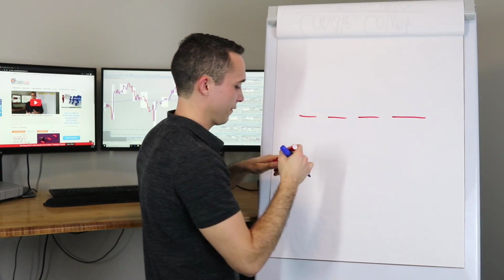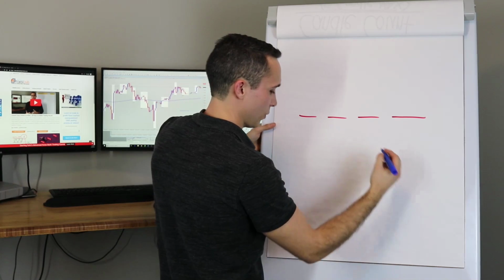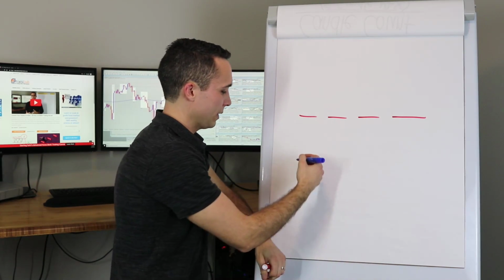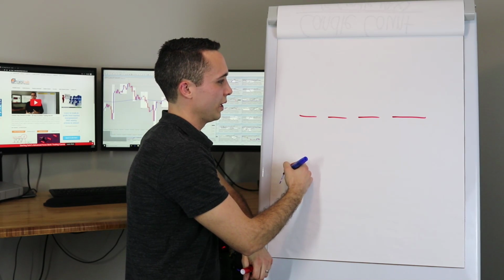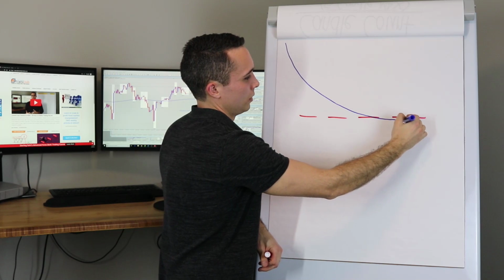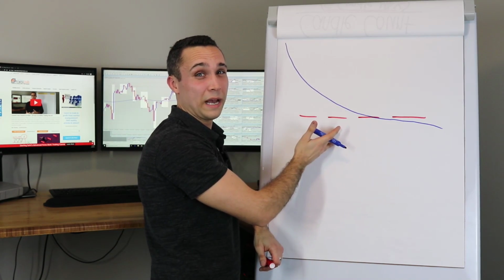It's just over minimum criteria. There wasn't a huge bounce off that level. But it also happens to line up with, say, the 200 EMA. So now you have a little bit of supporting factor behind this.